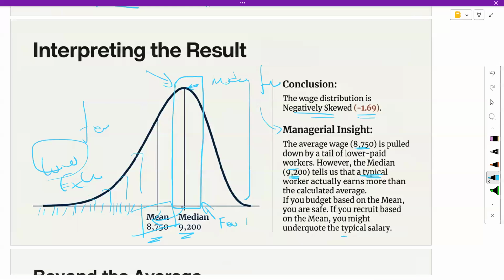Most of the employees earn more than average. If you budget based on the mean, you are safe. But when you recruit employees and decide a salary, if you use the mean value, you might underquote the typical salary. There is a lot of chance of fixing a lower salary, so be careful on that.